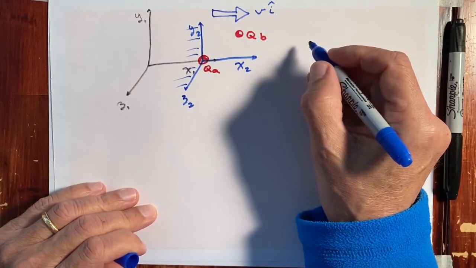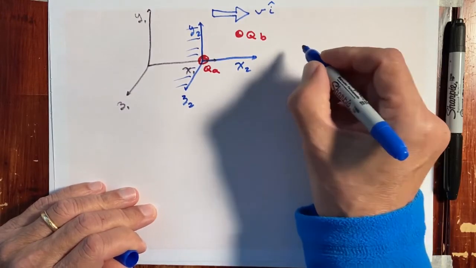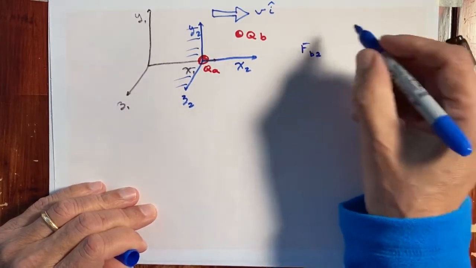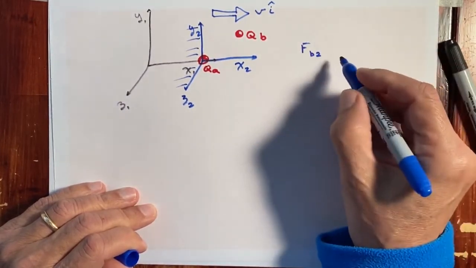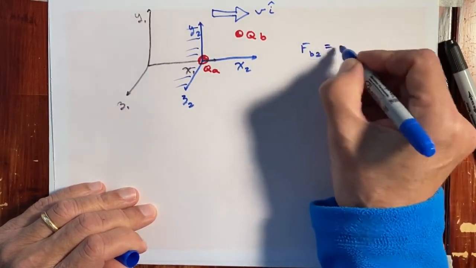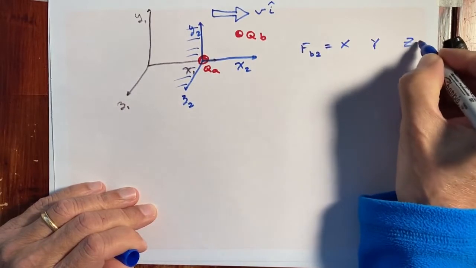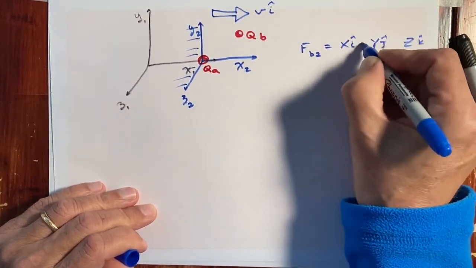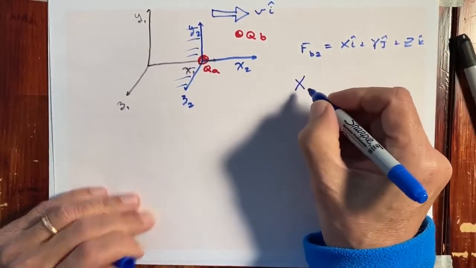Now, in frame 2, the force on Q sub B is F sub B2. Like before, that's going to have an x component, y component, and z component, with i hat, j hat, k hat. Let's concentrate on x sub B2.